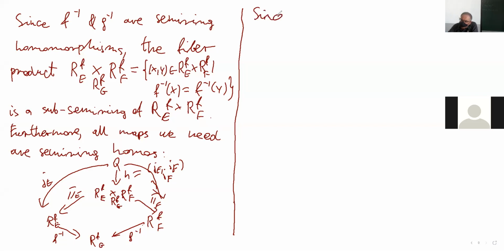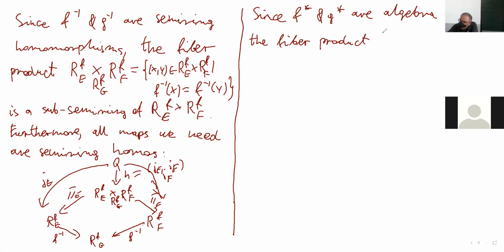Since F star and G star are algebra homomorphisms, the fiber product of path algebras KE with KF over KG, which has the same definition, right? Let me not write it down.